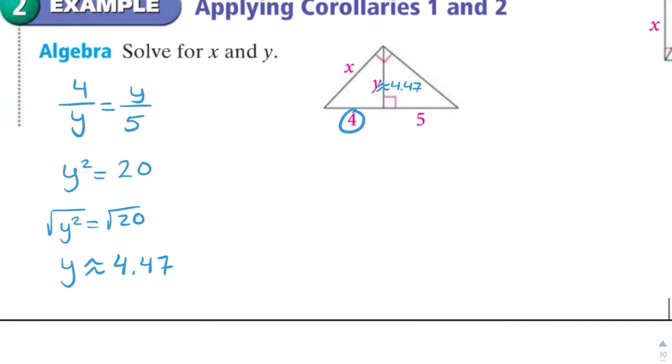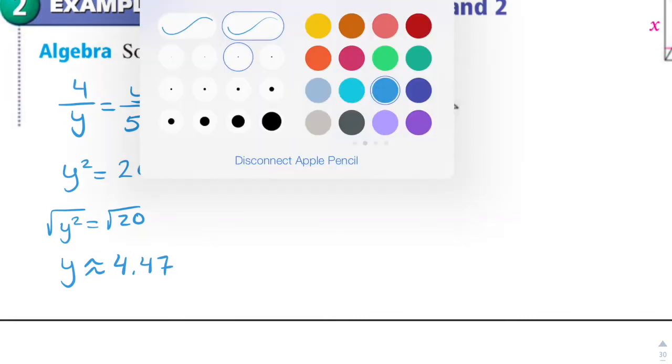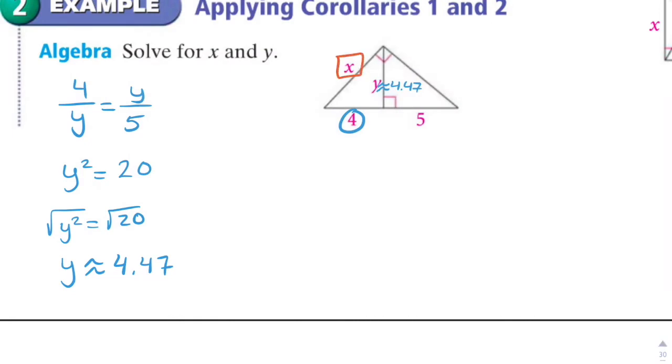Again, the left-hand side is our smaller triangle because it's 4 and 4.47. And then we have your medium triangle, which is the 4.47 to 5. The question is, how can I utilize x here? Well, that's the hypotenuse of the smallest triangle.